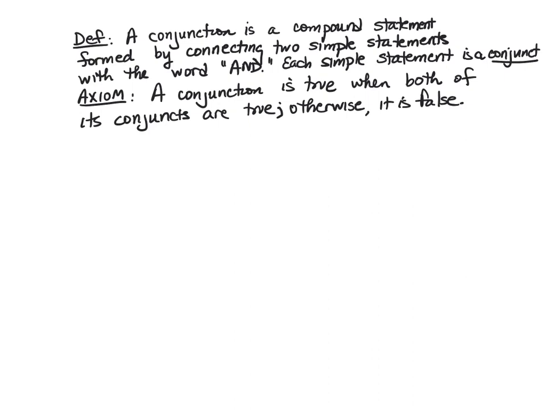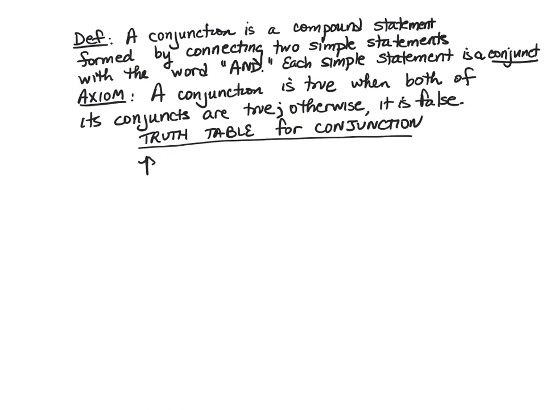All right, so the truth table, to summarize this axiom for a conjunction, we need two simple statements now, P and Q. And our last column will be P and Q. And the symbol for and is an upside down V. So we read this as P and Q. That's the symbol for a conjunction.